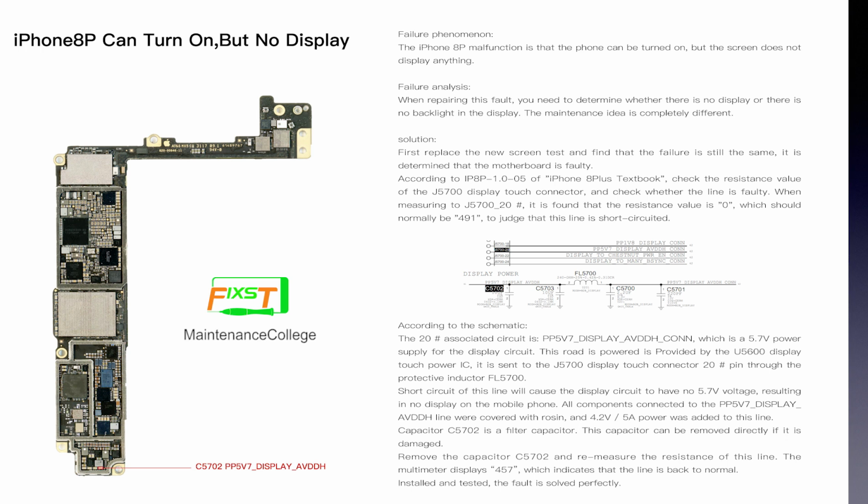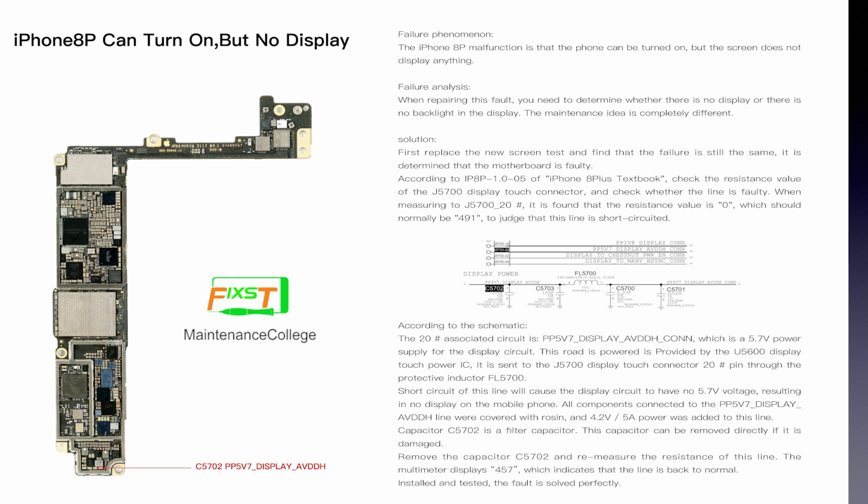This line is provided by the U5600 display touch power IC. It is sent to pin 20 of the J5700 display touch connector through the positive inductor FL5700. Because of the short on this line, the display circuit does not have this 5.7 volts.